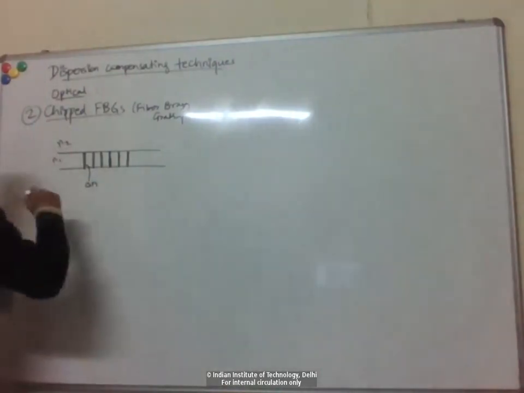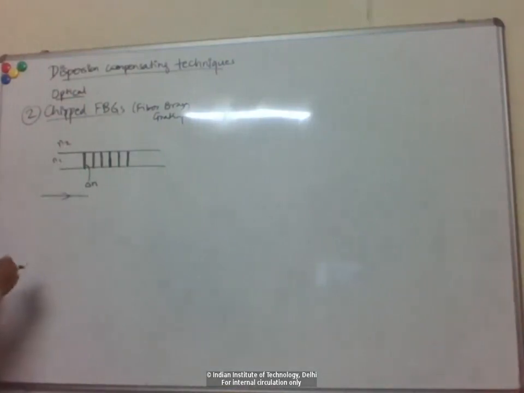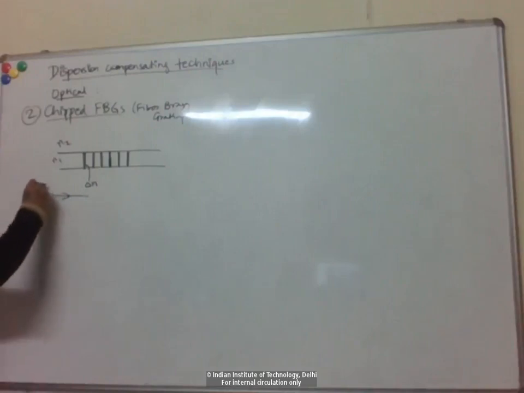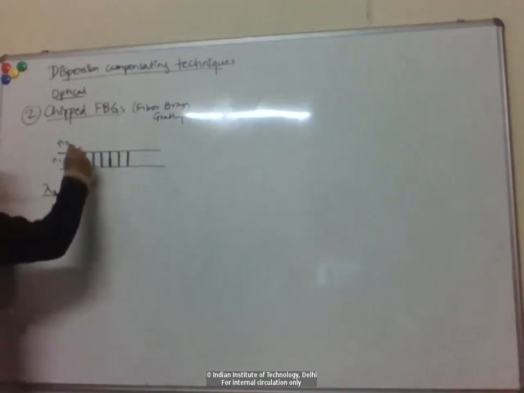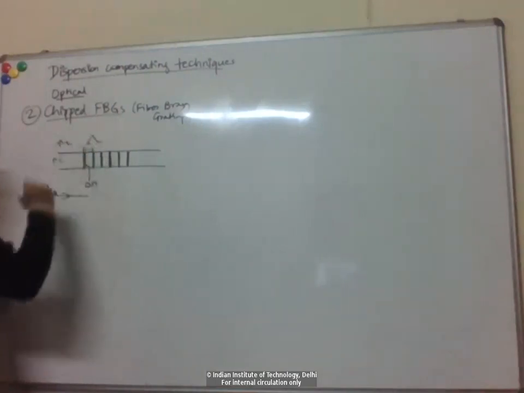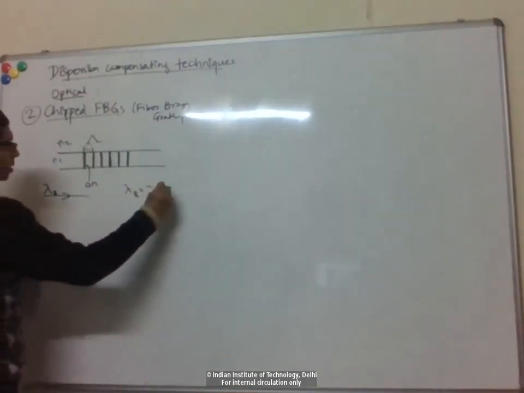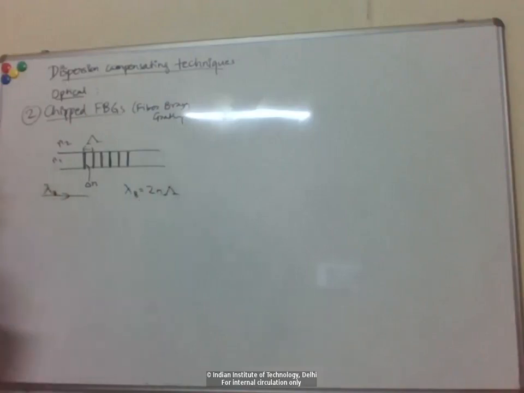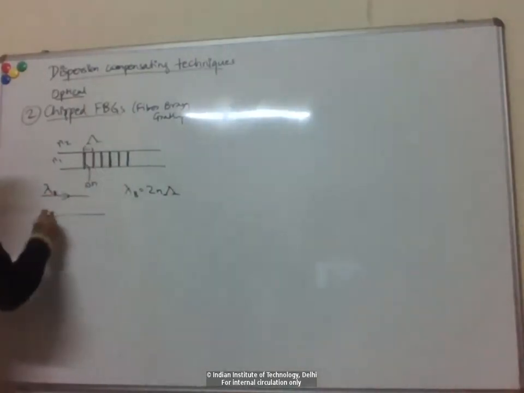But anyway, we saw that because of this grating, when you satisfy the Bragg condition, so when the incident light has a wavelength which satisfies the Bragg condition, if this periodicity is capital lambda, when lambda B is that value, then because of this Bragg grating, it gets reflected.